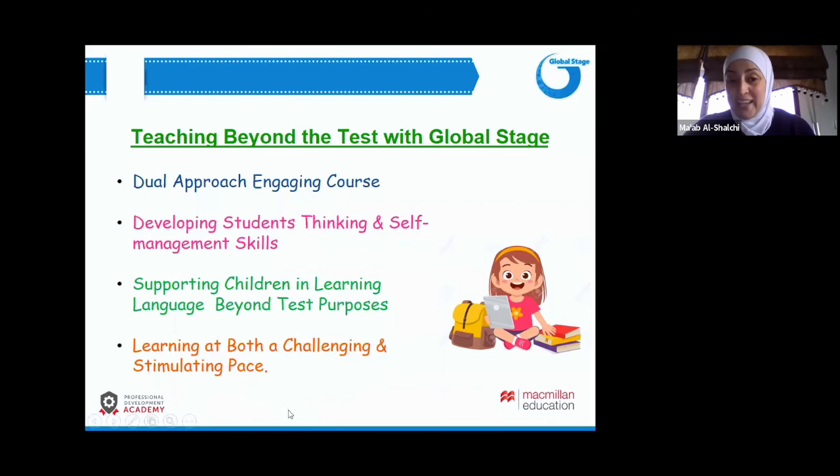Learning at both a challenging and a stimulating pace, definitely. Once they understand that the purpose for their learning is for them to develop the language, to grow, to understand more, they will love it. The challenge will become enjoyable, and the pace, believe me, I have seen teachers who think that some content could be a little bit too much.